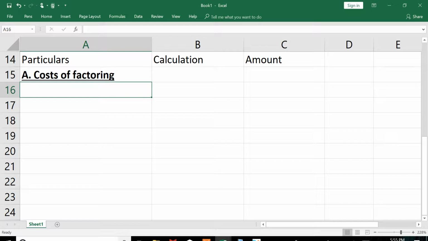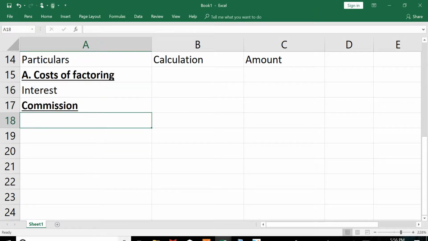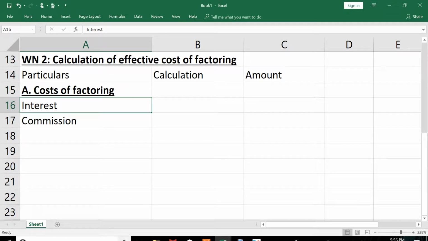There are normally only two costs unless the question tries to give us something else. One is interest, second is commission. Interest and commission. These are the two costs we normally have.